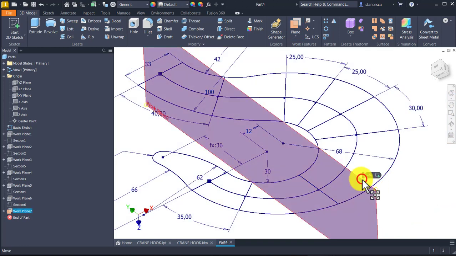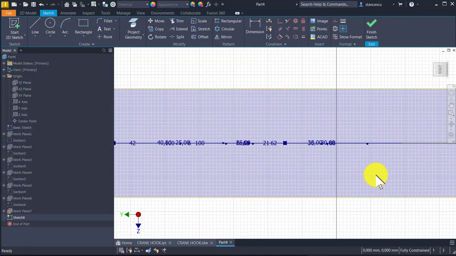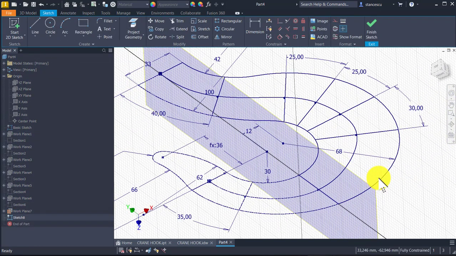Plane, sketch, F5, project diameter, circle, midpoint, green, and green.